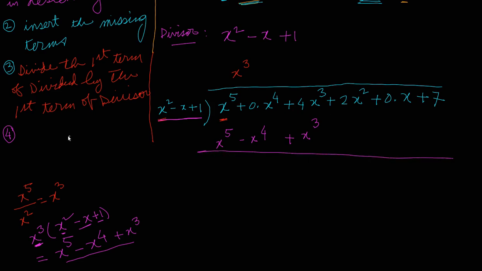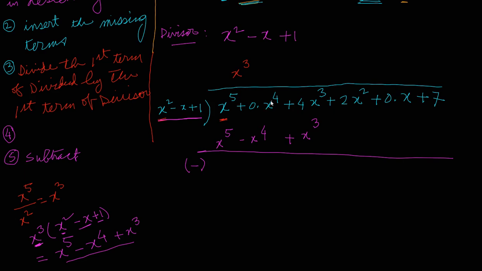So what I did in step number 4 is multiply this by the whole divisor. Now in step number 5, subtract. I am subtracting x power 5, and this positive x power 5 will be negative x power 5, so it cancels out. Now the negative x power 4, since I'm subtracting, becomes positive x power 4.